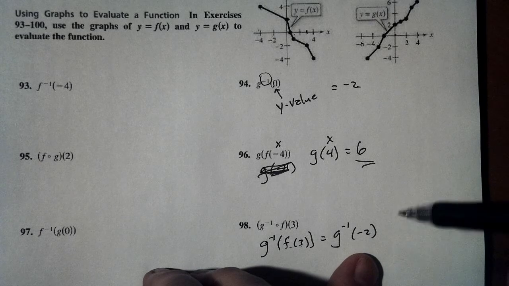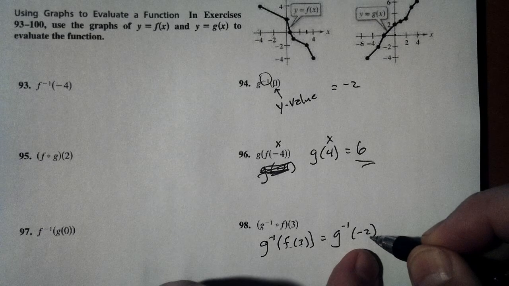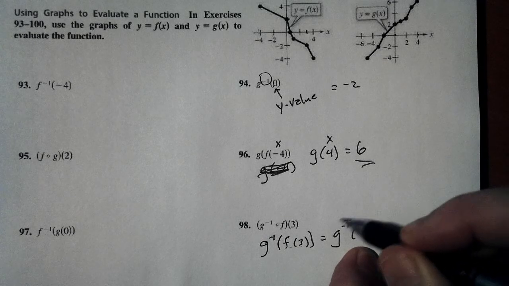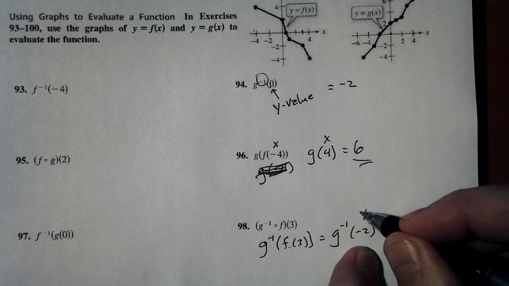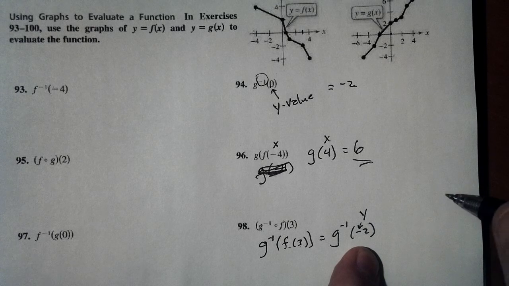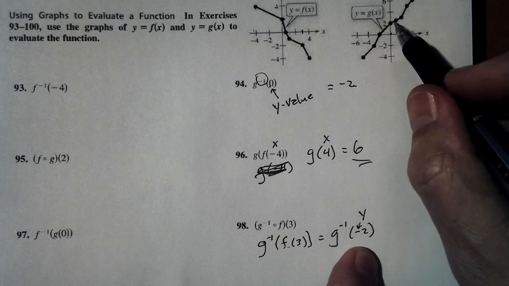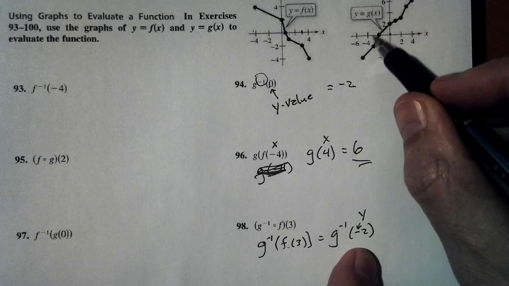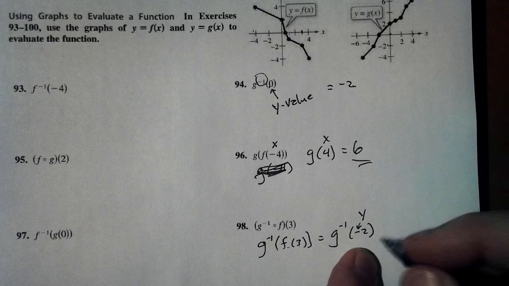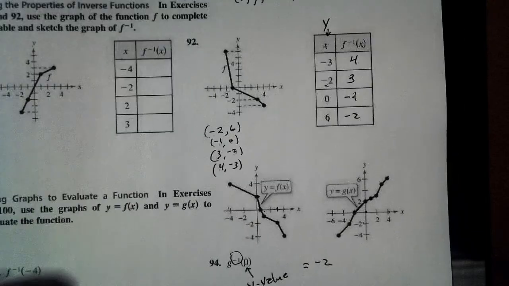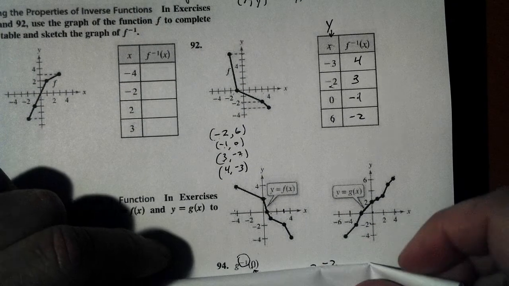Now, on the g graph, is this negative 2 an x value or a y value that we're interested in? It's going into g inverse. This is a y value right here. So we want to find when y is negative 2, track to the x, and it looks like x is over at negative 3.